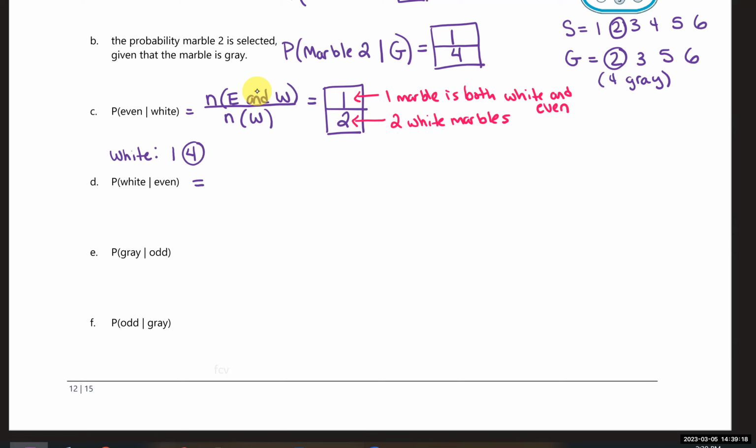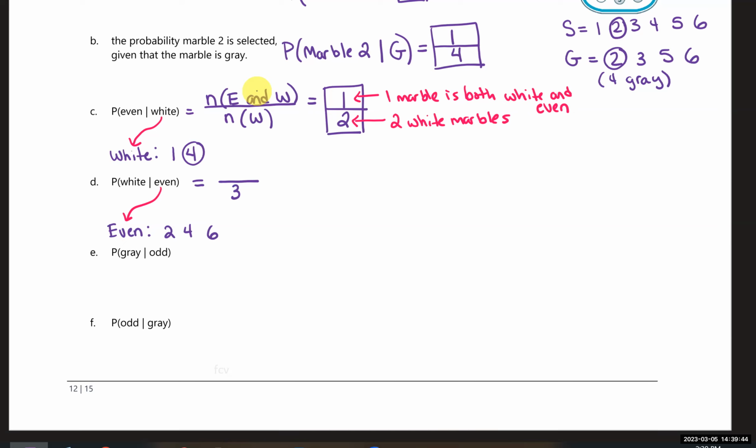So for the next one, what is the probability of white given even? So the condition before was white, the condition now is even. So I'm only allowed to look at evens, 2, 4, 6. So I'm just going to go to the answer now. There's 3 even numbers.